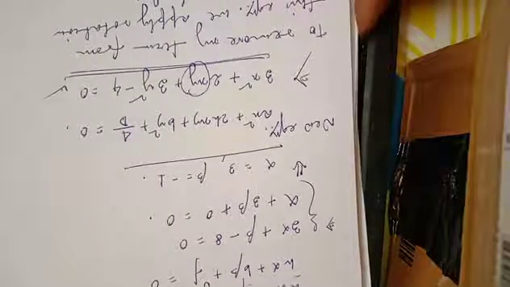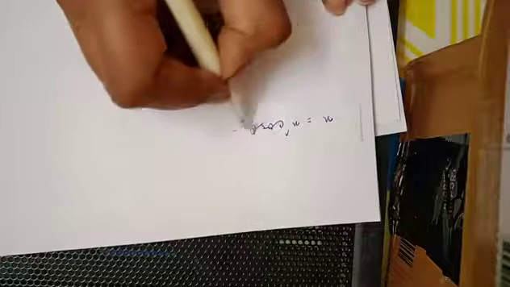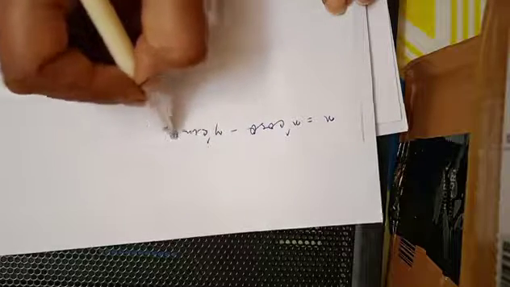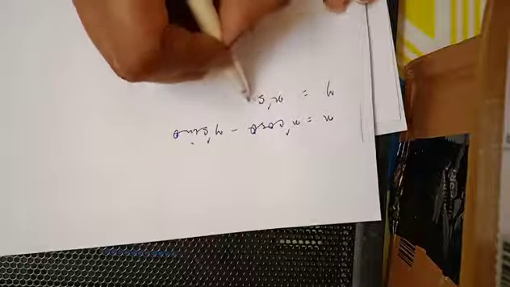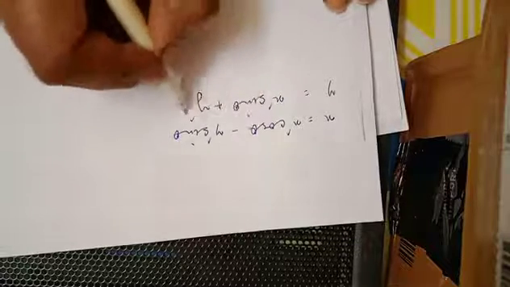So we know the formula for rotation, which is x equals to x dash cos theta minus y dash sin theta, and y equals to x dash sin theta plus y dash cos theta.